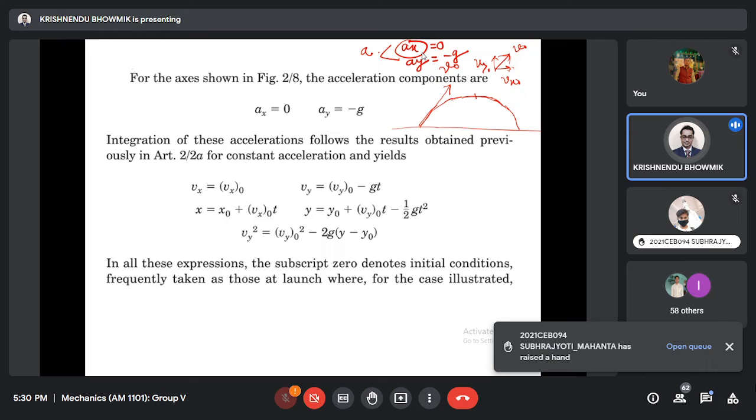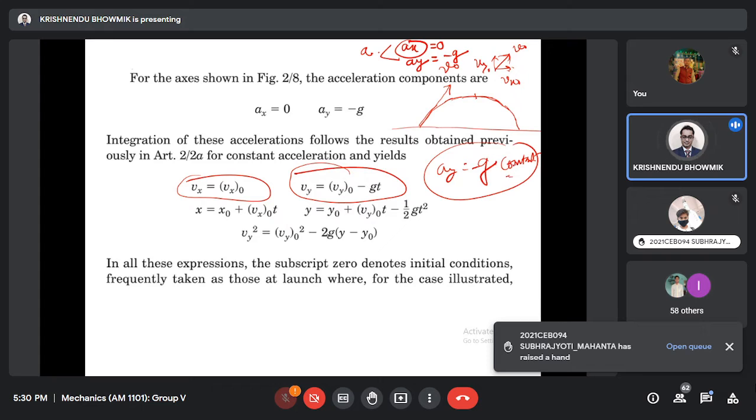So the x component vx0 will remain unchanged, and vy will change accordingly. The acceleration ay equals minus g, which is constant and not varying.